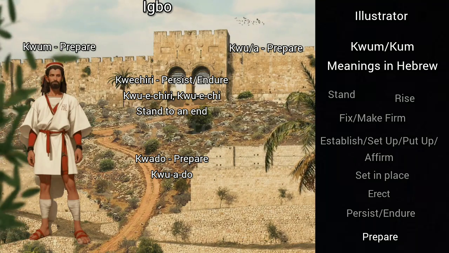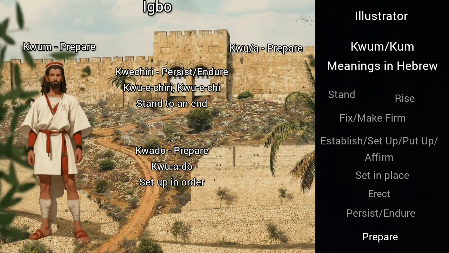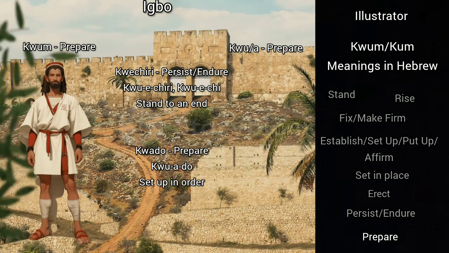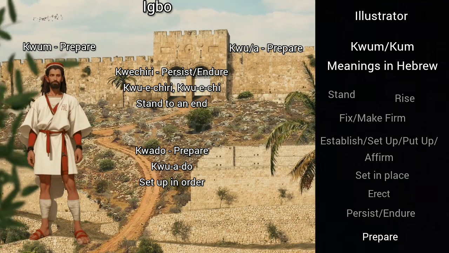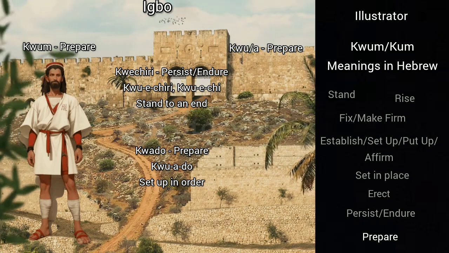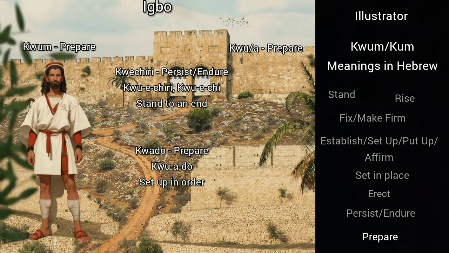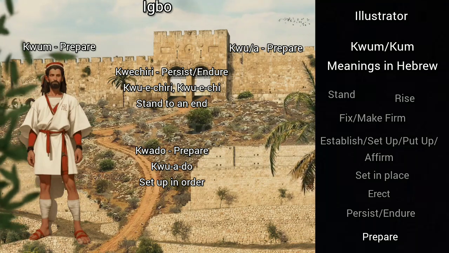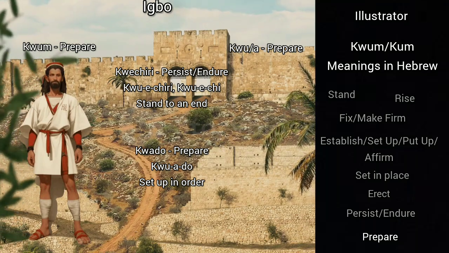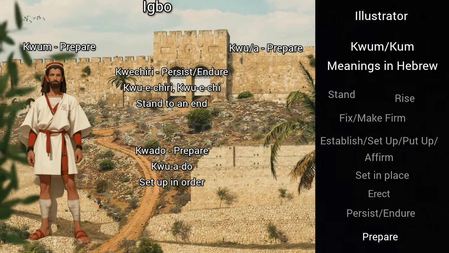So kwu is to join, and do is actually saying set up in order. To set up. The do signifies order. So essentially when you say kwado, you are saying set up in order. That is, prepare it. Of course, something that is disorganized is not prepared. So when you organize it, you are essentially preparing it. So kwado, set up in order.